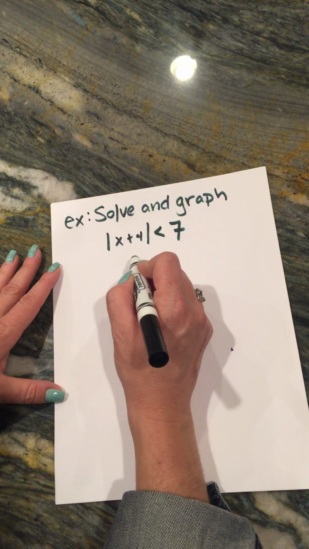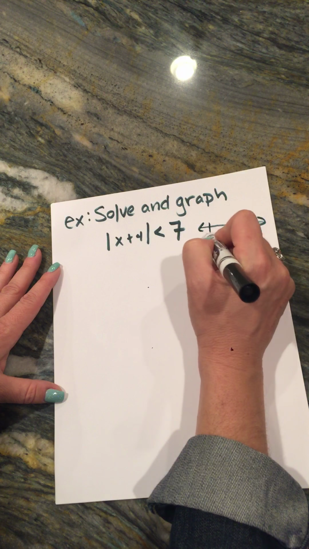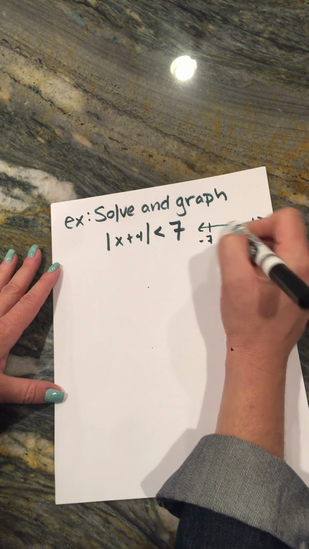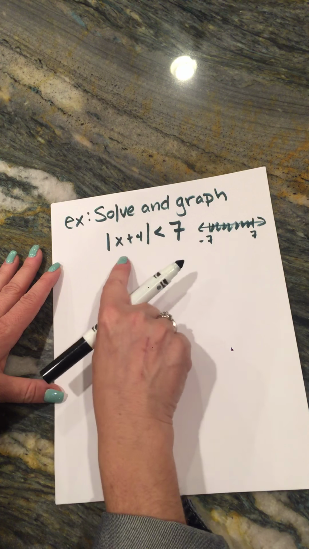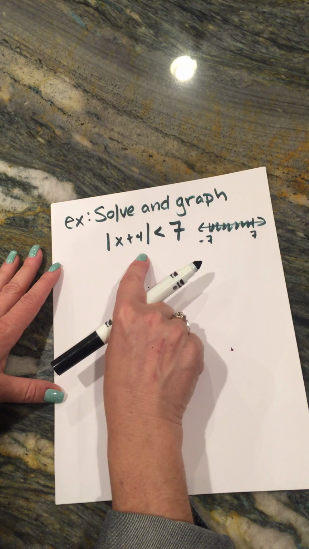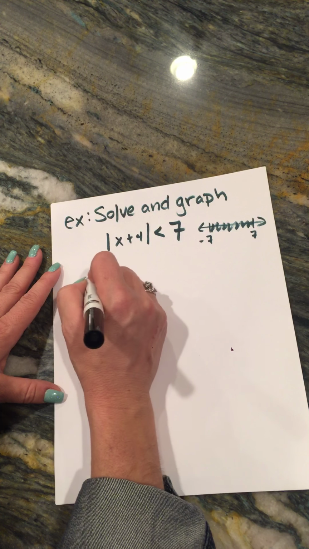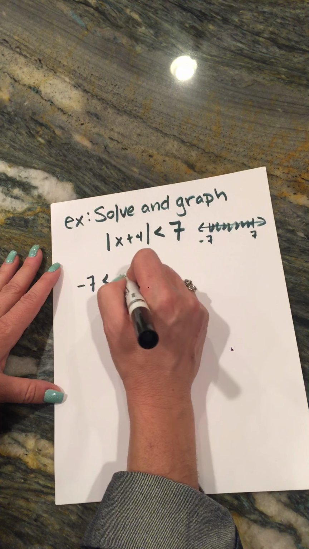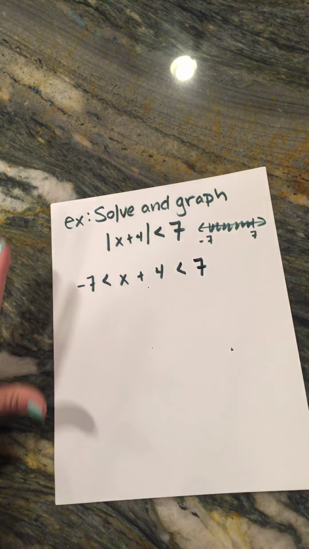If we're looking at a number line, we would be between 7 and -7, right? This in here is what we'll be looking at. But it's not that x is, it's x plus 4. So we can write a sandwich. We can say -7 is less than x plus 4 is less than 7.